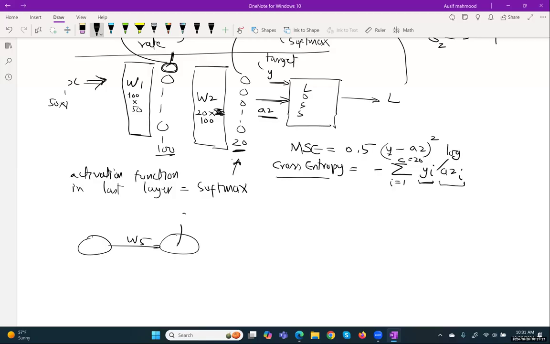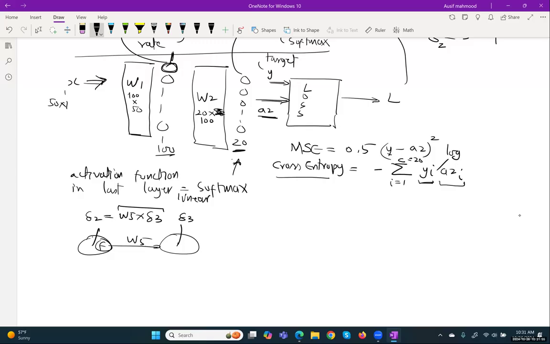If I say this is delta 3 and this is delta 2 as an example, what's the relationship between delta 2 and delta 3? W5 times delta 3, provided the activation function is a linear function. So this is if it is a linear activation function.